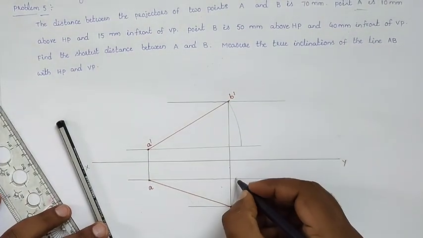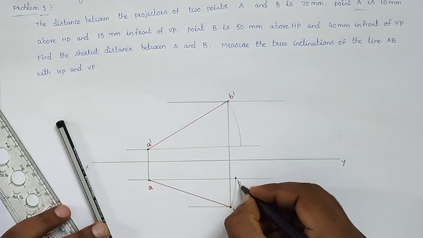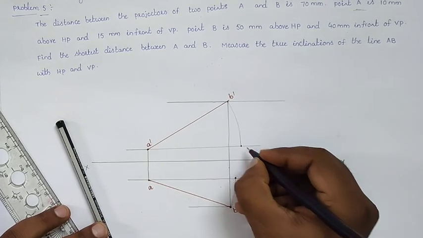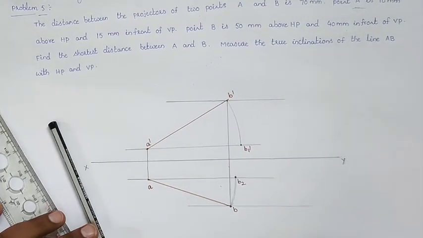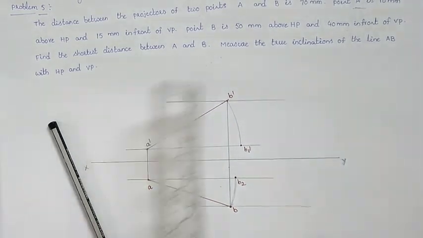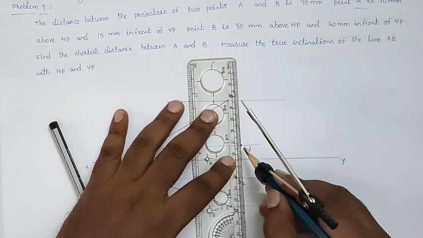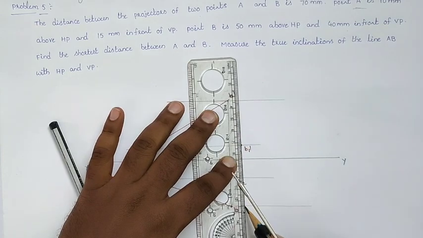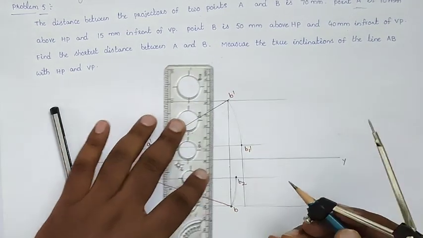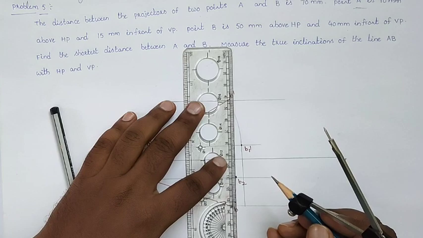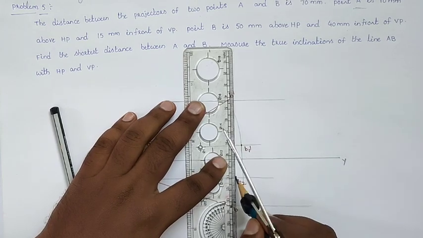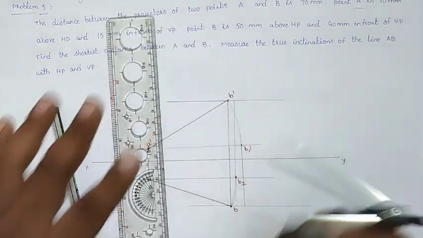Here I am locating this point as B2 and this point as B1 dash. Now from B1 dash draw a vertical projection line up to the B horizontal line, and from B2 draw the vertical projection line up to the B horizontal line.